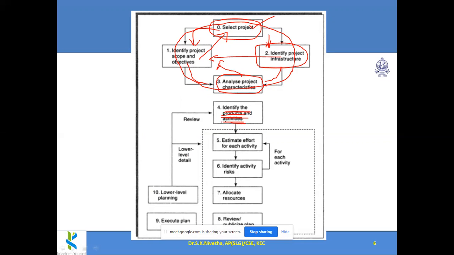And then once all these subtasks are identified, they have to estimate effort for each activity. Each of the subtasks they have to identify and estimate the effort. Then for each of these activities, they have to think of what may be the risk in carrying out the activity. So if risks are identified, again we may revise the estimate based on the risk.